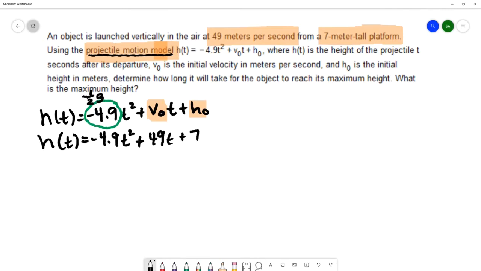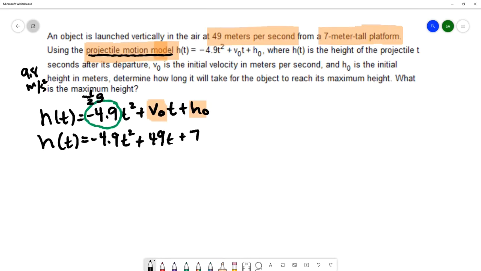And in meters per second, the acceleration due to gravity is 9.8 meters per second squared. And so that's why we see that negative 4.9 at the front of this formula, because of acceleration due to gravity on Earth.